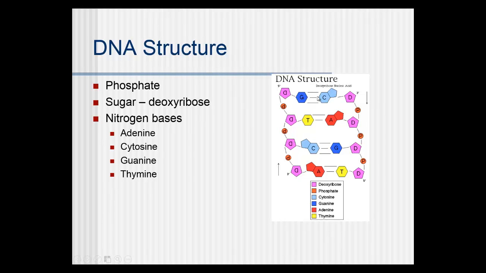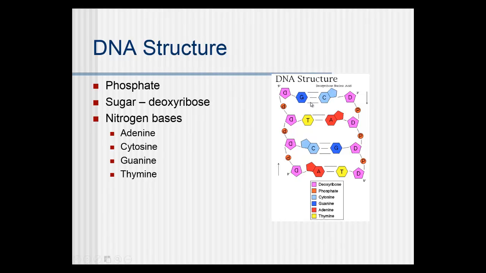So based on their molecular structure, that's what holds the rungs of the DNA ladder together, the bonds between these nitrogen bases. So that's what these lines are representing, the bonds between the nitrogen bases, and specifically the type of bonds we talked about in the chemistry of life. There's covalent bonds, ionic bonds, and hydrogen bonds. Remember that hydrogen bonds are the weakest of bonds, and that's what holds the rungs of the DNA ladder together.